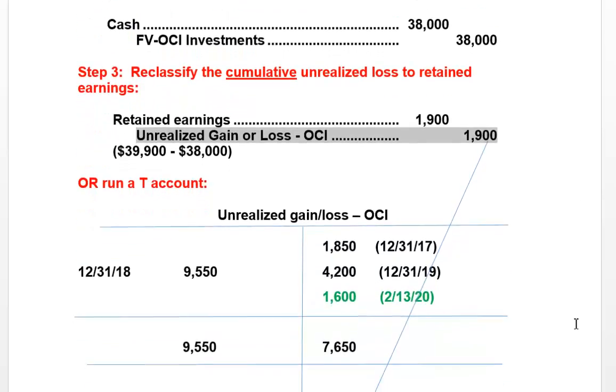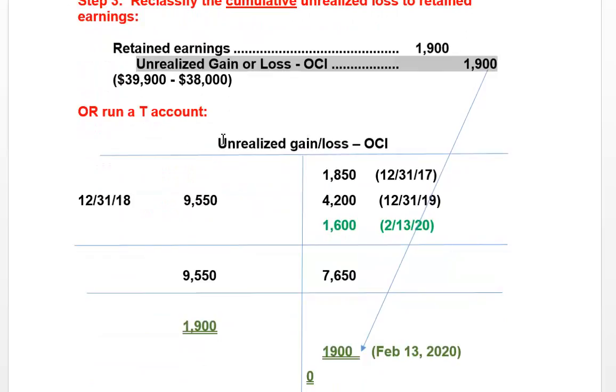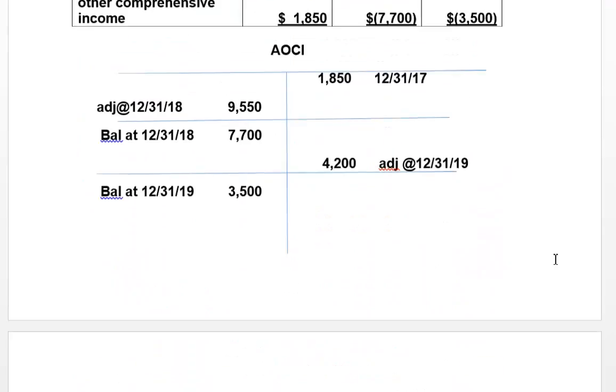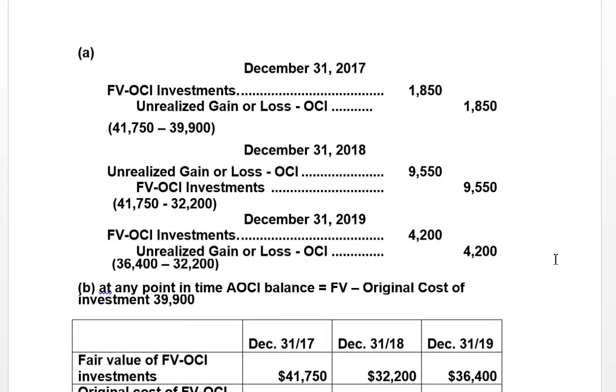Don't forget, let's trace it through a cumulative unrealized gain or loss account. Remember, we credited the unrealized gain or loss account when we moved the investment from $39,900 to $41,750. We credited the unrealized gain or loss for $1,850. Now, at the end of 2018, I'm just going to go back up here to the entries.